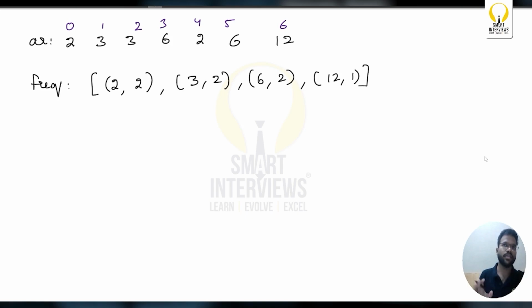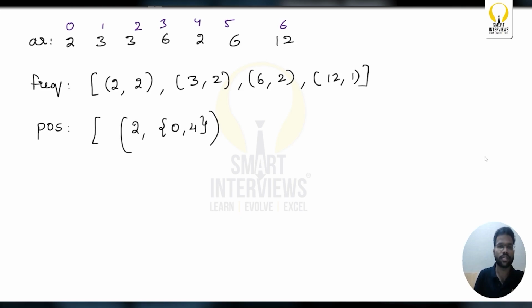Next, we also need the positions from where to where that particular element has occurred. So let's take a position. Let's say this is a vector of type integer, and here we need to store the first and last occurrence, so this will be of type pair. So for integer 2, the pair is index 0 and index 4.